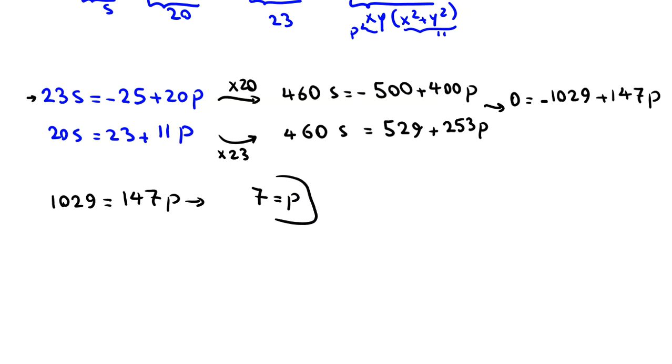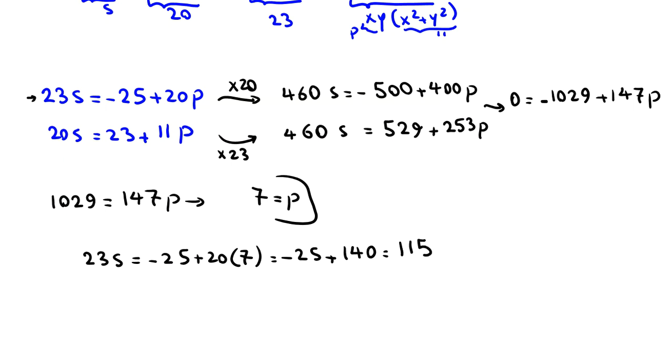If we replace p with 7 in, for example, the first equation, it will be 23s equals negative 25 plus 20p. Replace p with 7. It will be negative 25 plus 140. And if we subtract, it will be 115. And then we can conclude s is what? s is 5.